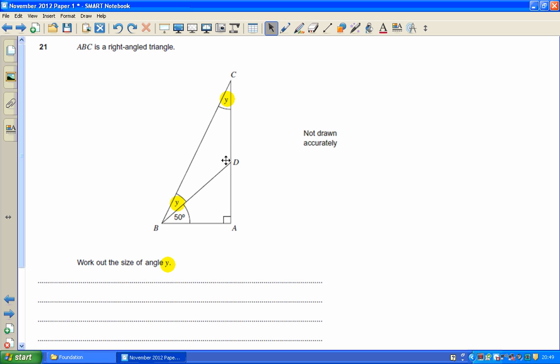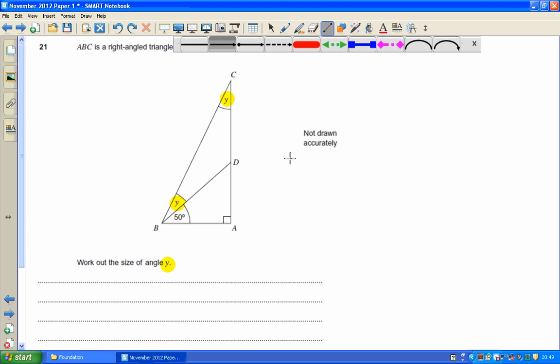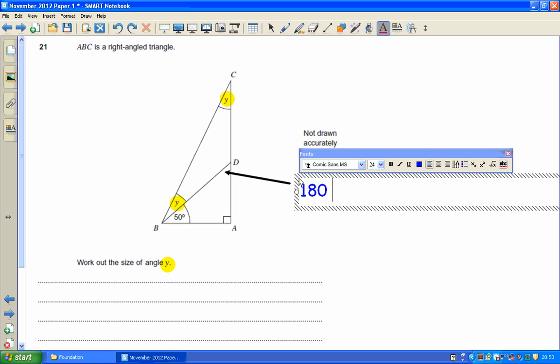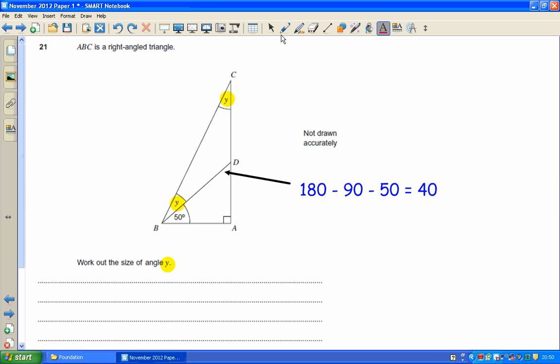So if that's isosceles, we can work out the angle at the top, and then we can work out what the other two are, hopefully. First job, this angle in here is going to equal 180 minus 90, because of the right angle in the corner, minus 50, which is 40 degrees. So that angle in there is 40 degrees.